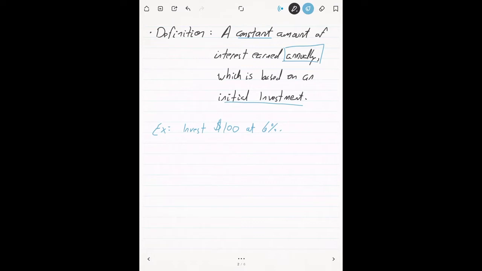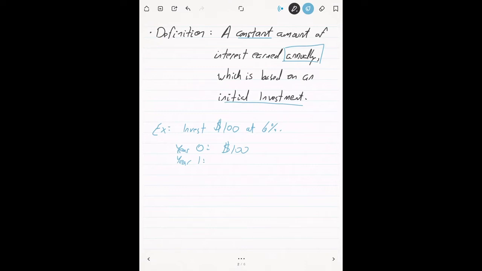So for the first year, I guess we could call that year 0, the time you first put money in the bank, your account has $100. Now let's go with year 1. You have now left your money in the bank for 1 year.